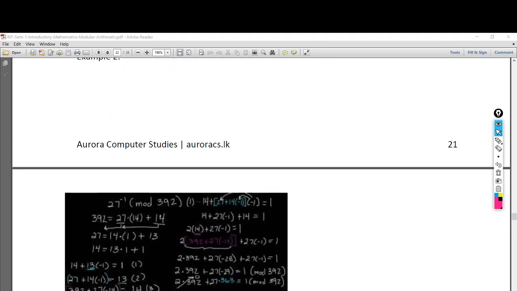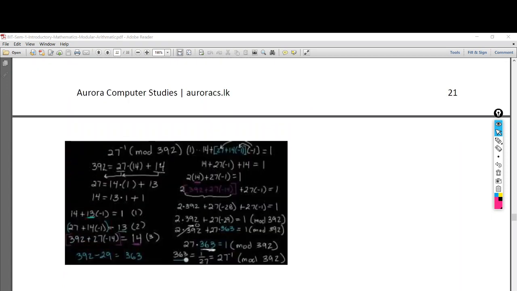So I have given you one more example here. If you are supposed to find 27 inverse in mod 392, again use the GCD algorithm until you get to the GCD value or the 0 value, then keep doing the backtracking.